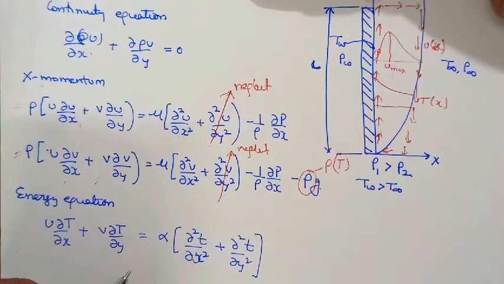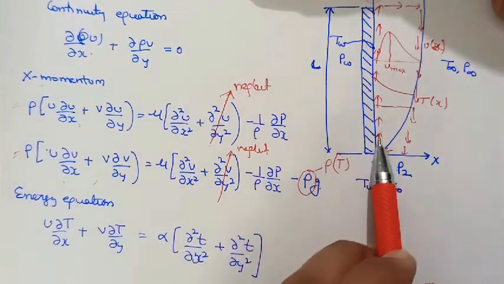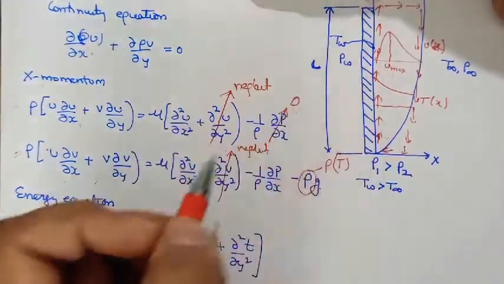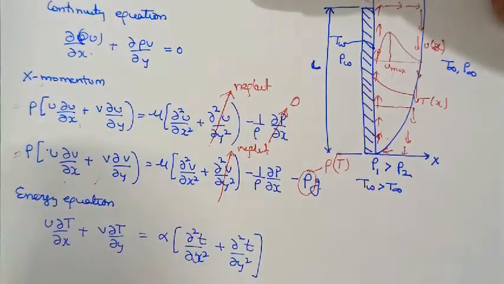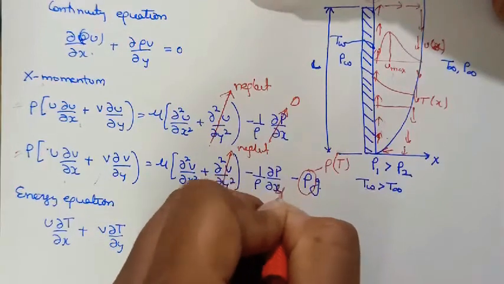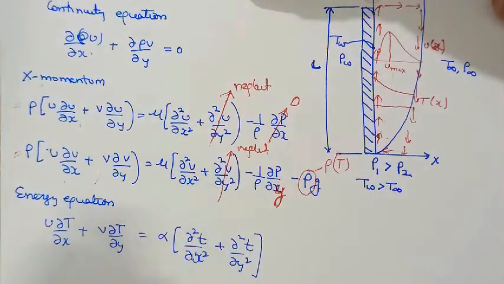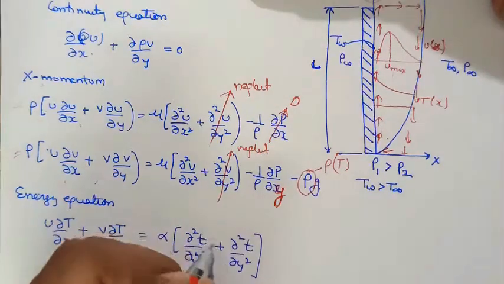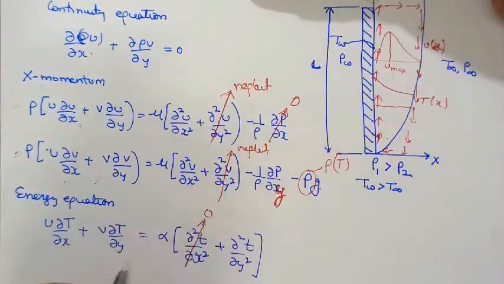And in the x direction you can also neglect this pressure, but you can't neglect, now this is y, right? Y momentum equation. And the temperature, this can be neglected in energy equation.